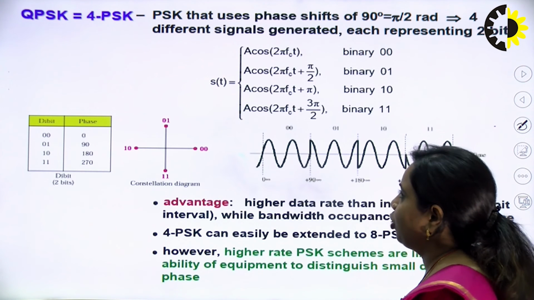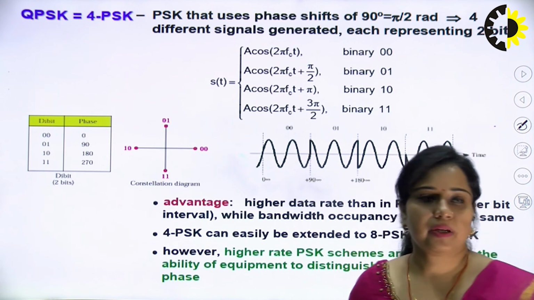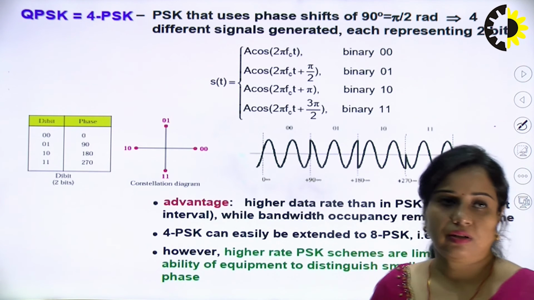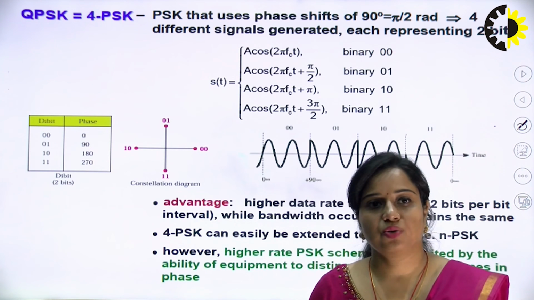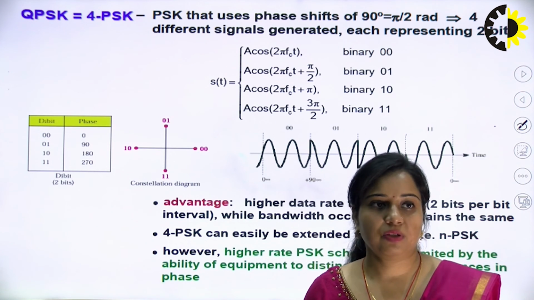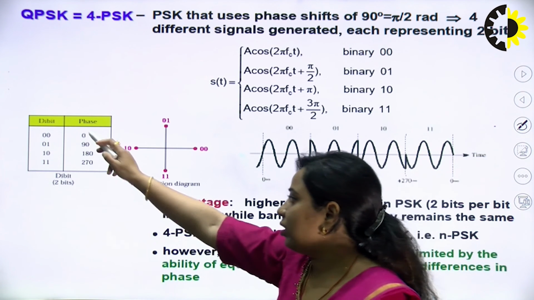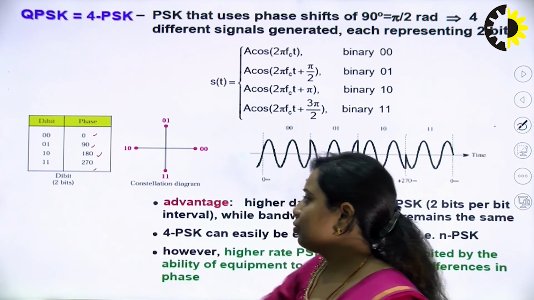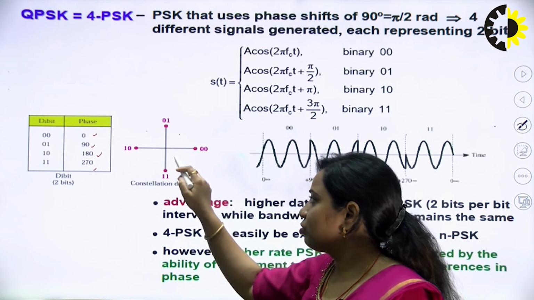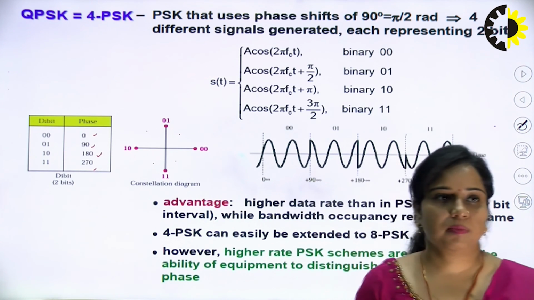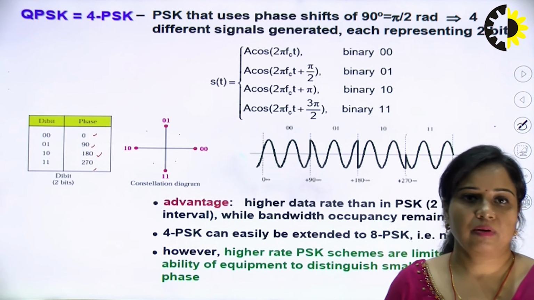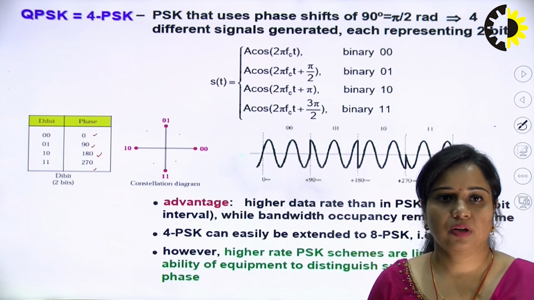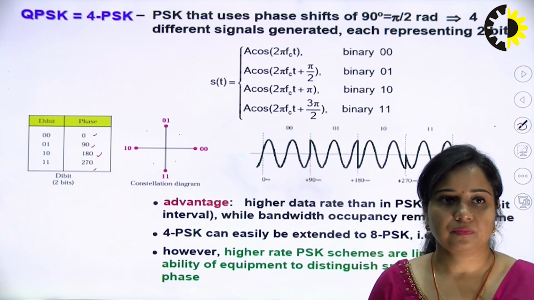Next is the QPSK, also known as 4PSK, because we are considering 2-bit combinations, and when 2 bits are considered, 2 to the power n means 4 options are there, that is 0 degree, 90 degree, 180 degree or 270 degree. You can also consider these in the 4 quadrants: minus 3 pi by 4, minus pi by 4, plus pi by 4 and plus 3 pi by 4.